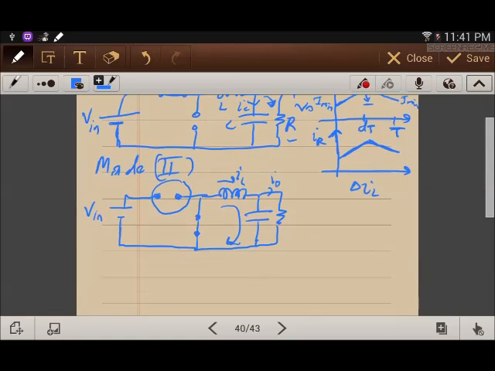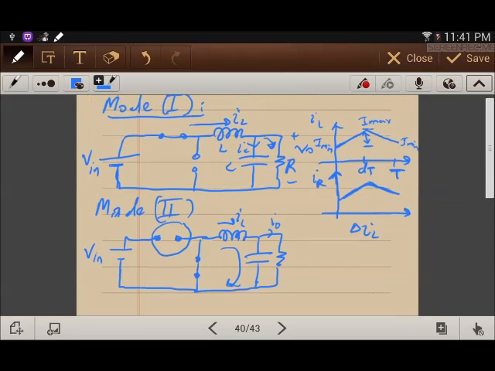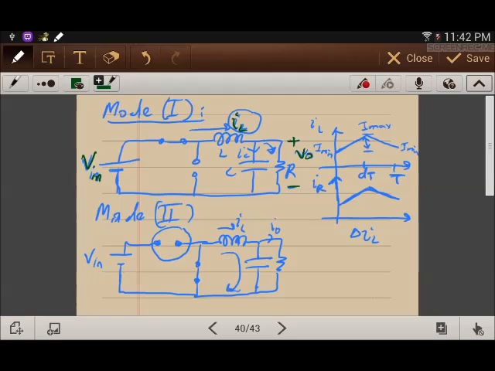If I want to analyze the circuit in the first mode, I apply Kirchhoff's law to find IL or V output. I will have a voltage drop across the inductor, a voltage drop across the load, and an input voltage.